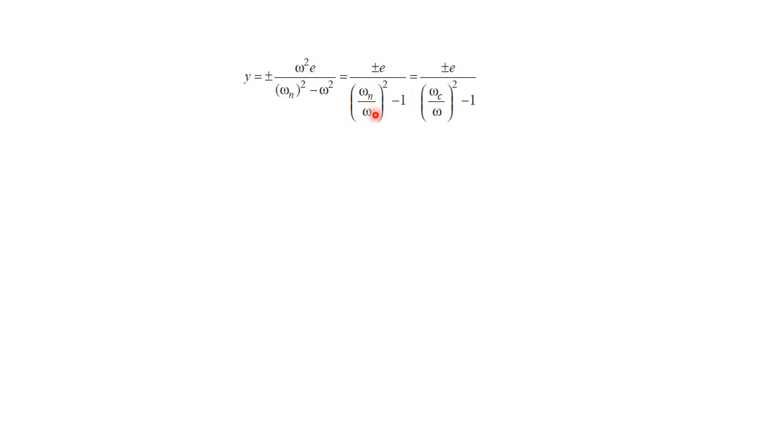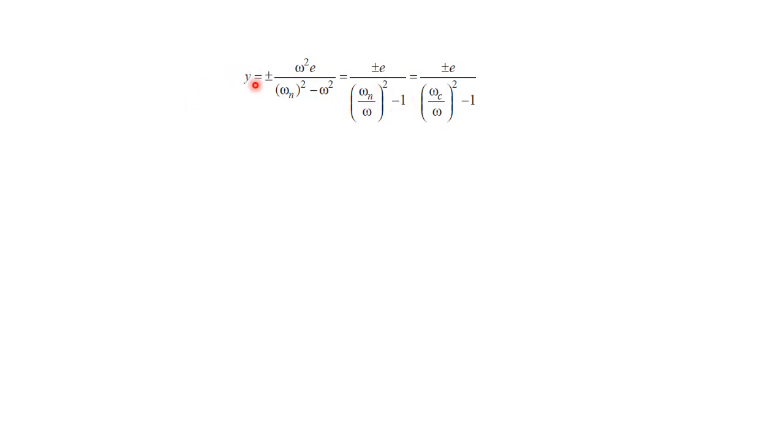When omega n is equal to omega, what is that condition called? Resonant condition. That is, the natural frequency omega n is equal to omega, the excitation frequency of the system. So at resonant condition, omega n is equal to omega, and the denominator becomes 1 minus 1, that is, the denominator is 0.